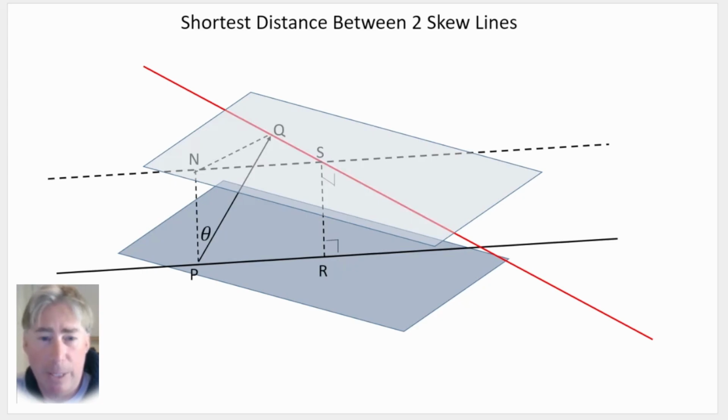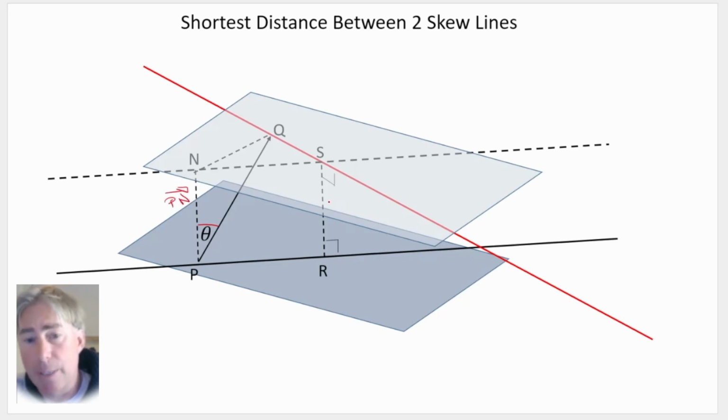So we have the vector PN, and we have the vector PQ, and the angle between them, which is theta degrees. And you can see that the vector PN and the vector RS are both parallel.